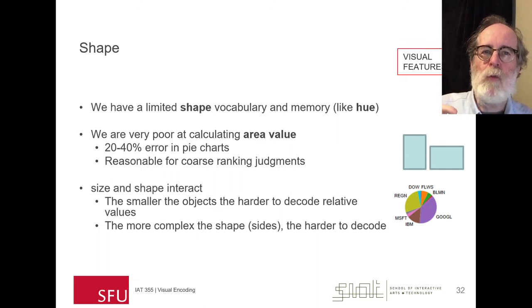One of the things always to watch out for, particularly with shape, is that we have a limited shape vocabulary. And part of that is due to, we can perceive shapes, particularly if they're large, but if they're small, and particularly if there's a lot of repetitions of the individual shape, and we'll show an example of that in a sec, we need to be able to link what that shape is to something else, perhaps to a name or something like that.